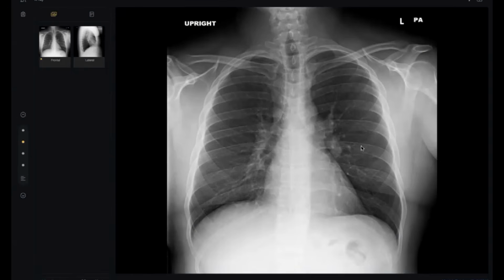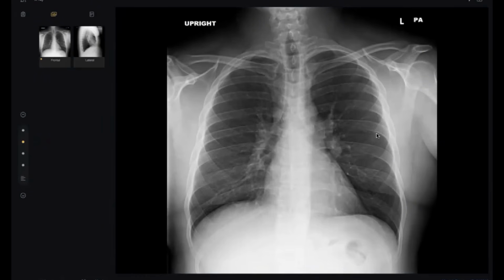Sir, in the X-ray chest AP view, I can see in the neck region there is narrowing of the aryepiglottic folds. Okay, but concentrate on the chest. What happened here? Sir, both lung fields are clear.